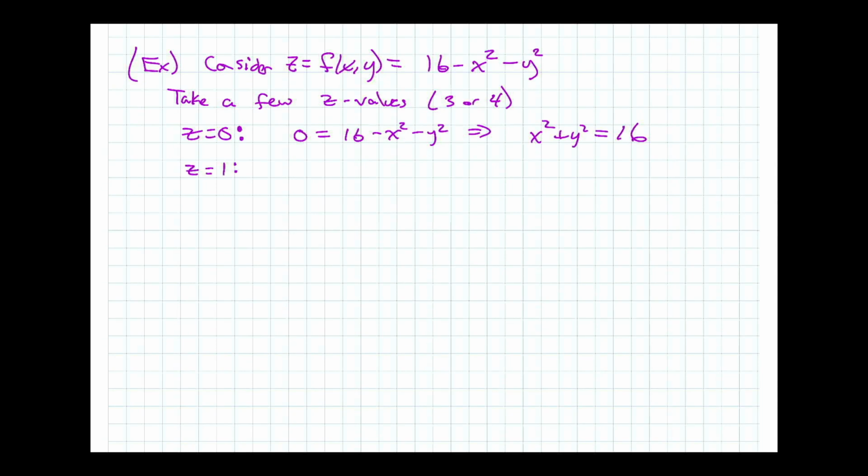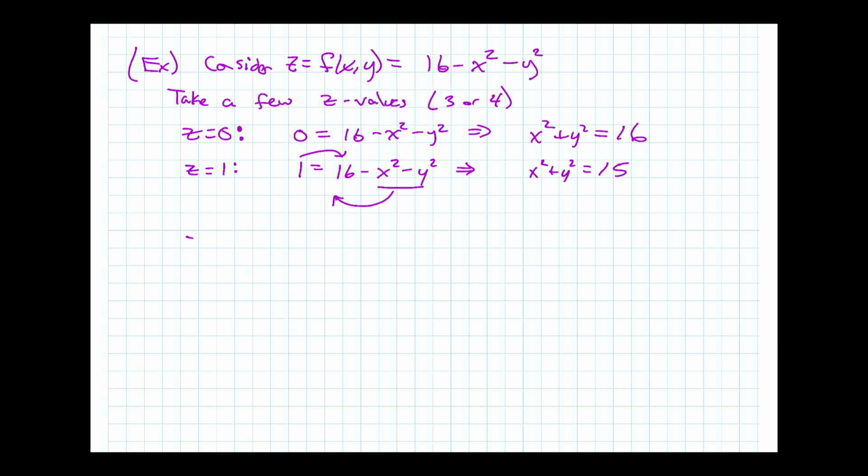Then we get 1 equals 16 minus x squared minus y squared, which, if you move the x squared plus y squared to the left and the 1 over to the right, is x squared plus y squared equals 15.